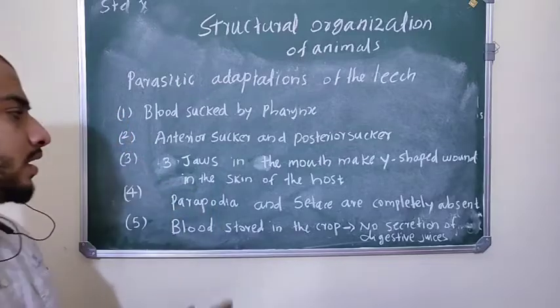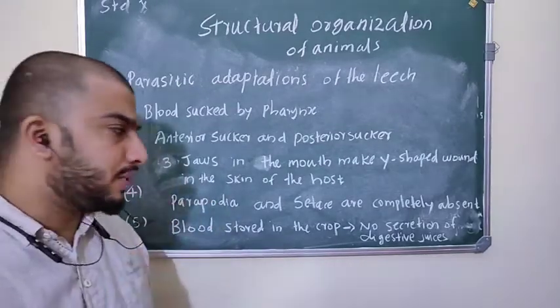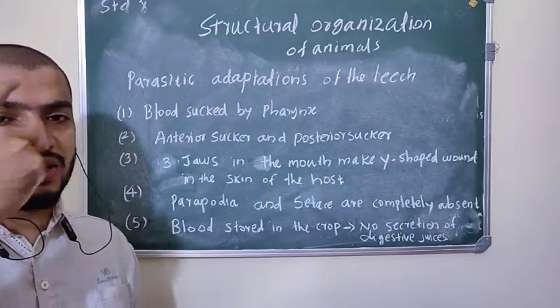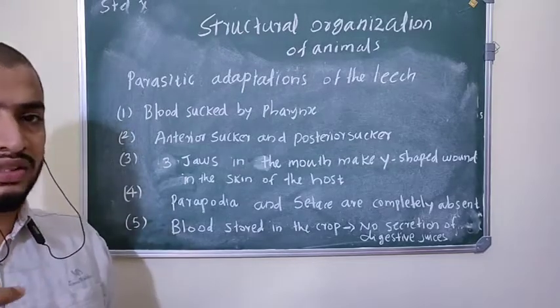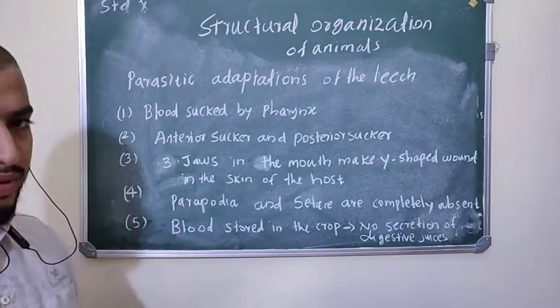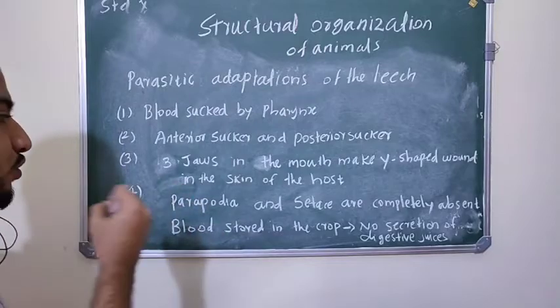Okay. Then presence of three jaws in the mouth that make Y-shaped incision or wound in the skin of the host. When we discussed the mouth, we said that in the mouth they have three jaws, and these three jaws make a Y-shaped wound on the host animal. So they take blood using those three jaws.